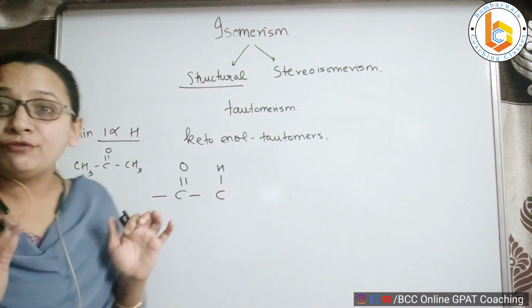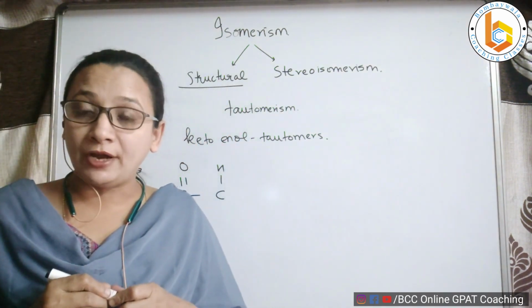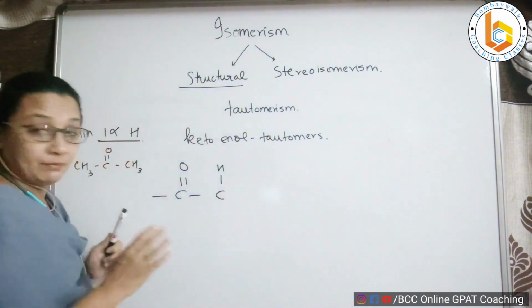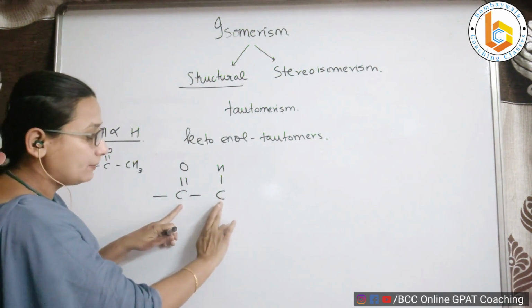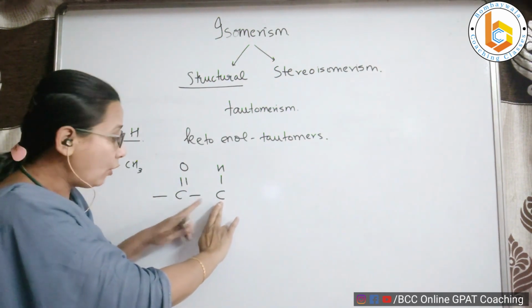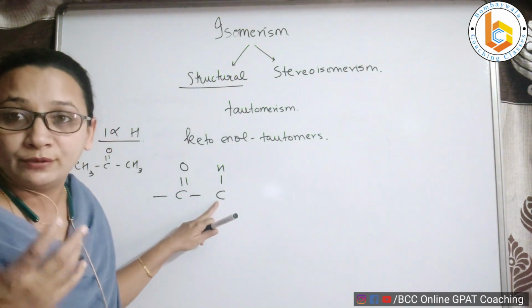I have published a video on what is an alpha hydrogen, what is the property of alpha hydrogen, right? Please do watch that video. Alpha is the carbon which is adjacent to the functional group, and on this adjacent carbon if there is a proton, that is called an alpha hydrogen, right?